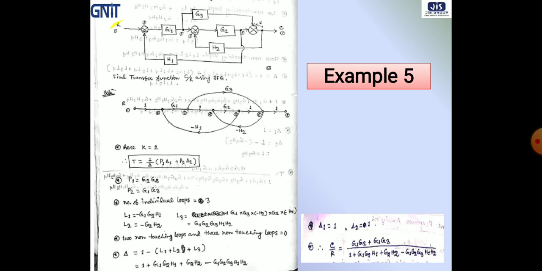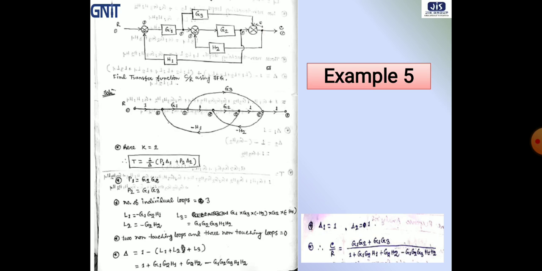So there is R, it is a node, summing point, it is a node, takeoff point, it is a node, summing point, again a node, takeoff point, again a node, and summing point and takeoff point.